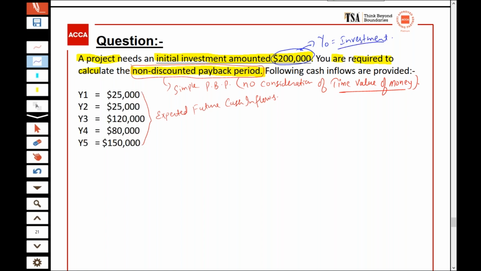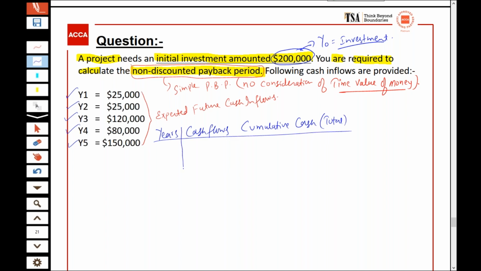Now, in year one, 25,000 expected, then 25,000, 120,000, 80,000, and 150,000. See how I will be calculating the non-discounted payback period. I will be writing here years, cash flows, and cumulative cash flows. Cumulative cash means total.